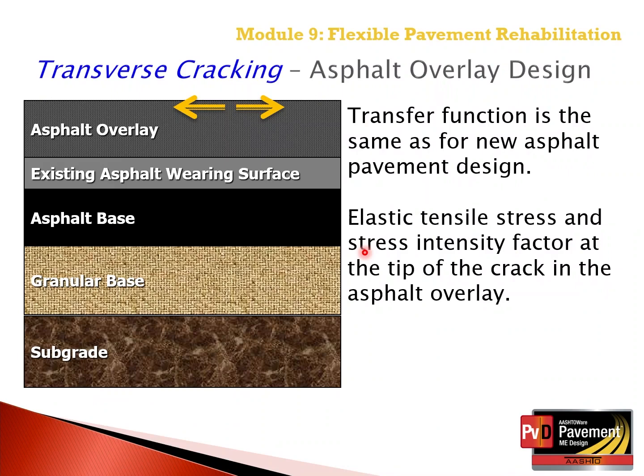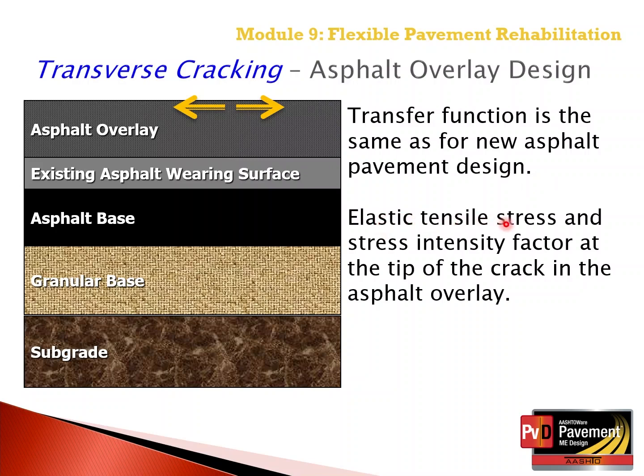Transverse cracking in terms of asphalt overlay design. The critical response is the tensile stress at the surface and the incremental increase in the stress intensity factors in the asphalt overlay. So the transfer function is the same for new asphalt pavement design relative to flexible pavement rehabilitation and the asphalt overlay.